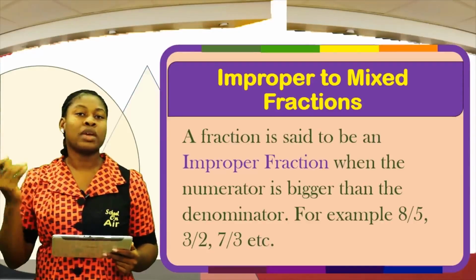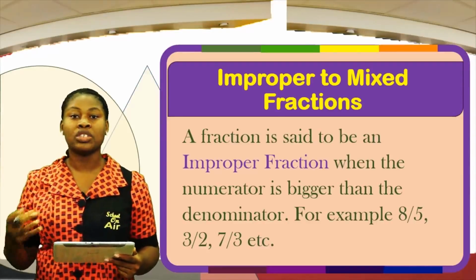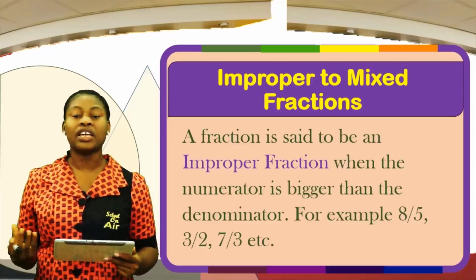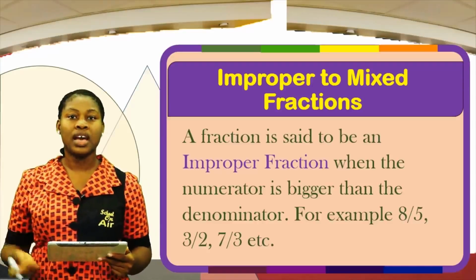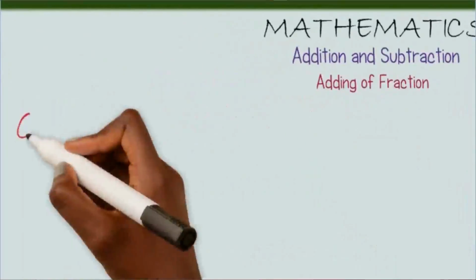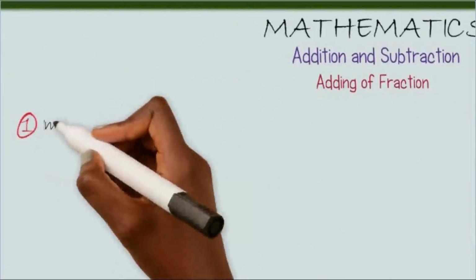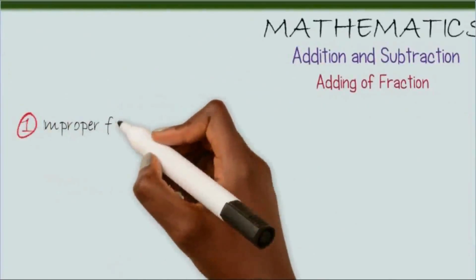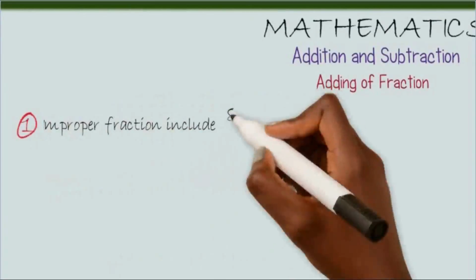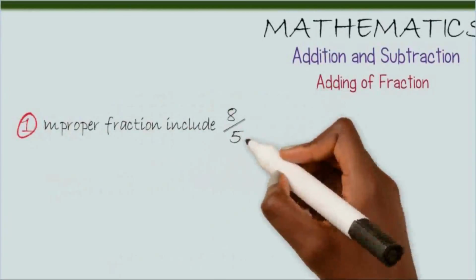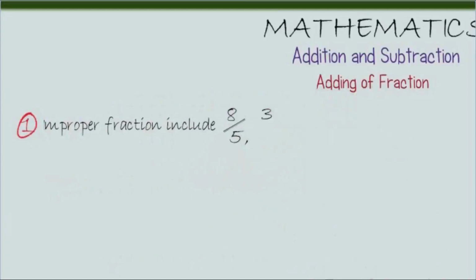So let us write some examples of improper fractions that we have here. Improper fractions include 8 over 5, 3 over 2, 7 over 3, and so on.